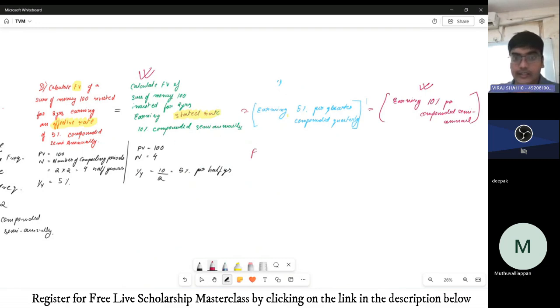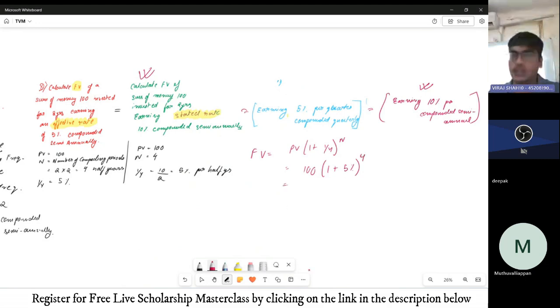FV is equal to PV into 1 plus I by Y to the power n, which is equal to 100 into 1 plus 5% to the power 4.